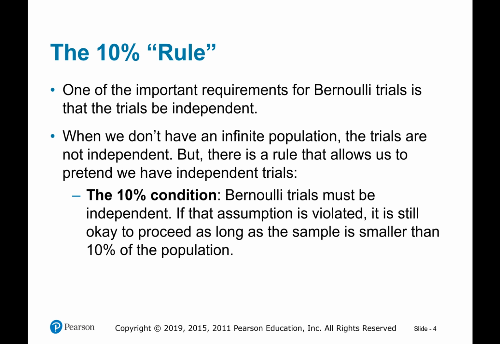So the trials, if we're doing a political survey, technically are not independent. But if we have hundreds of millions of eligible voters and we do a survey of, say, 1,000 of them, this is where we get to what they call the 10% condition. It's okay to proceed as long as the sample is less than 10% of the population.